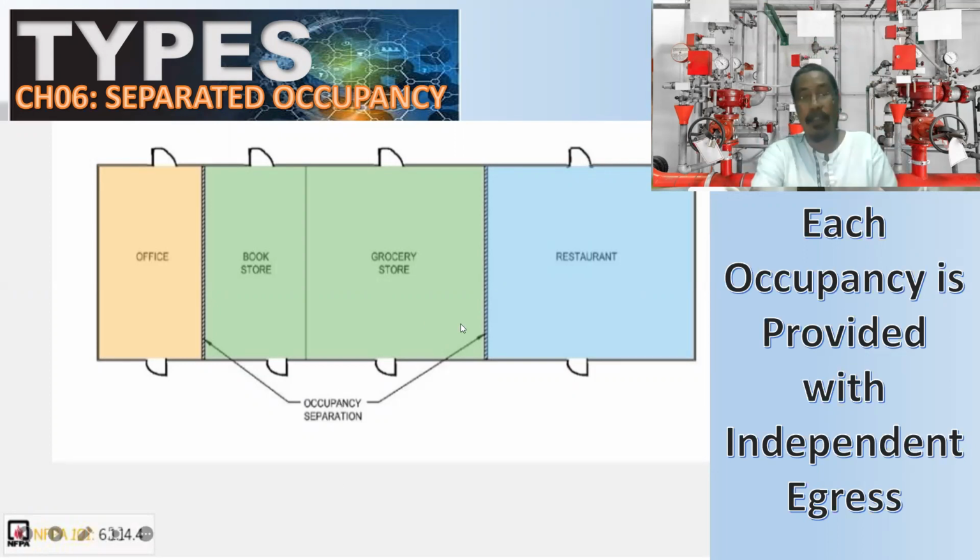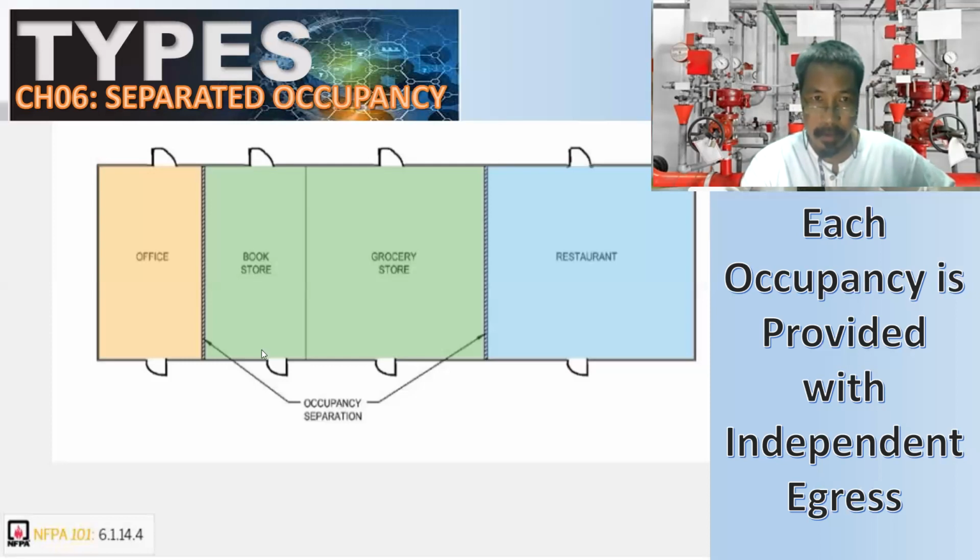So independent egress, meaning for office we have 1 and 2. Okay, entrance and exit can both be used as an independent egress for office. So there are 2 egress for office as an independent occupancy. And the green area, which is a combination of bookstore and grocery store, there are 4 egress.